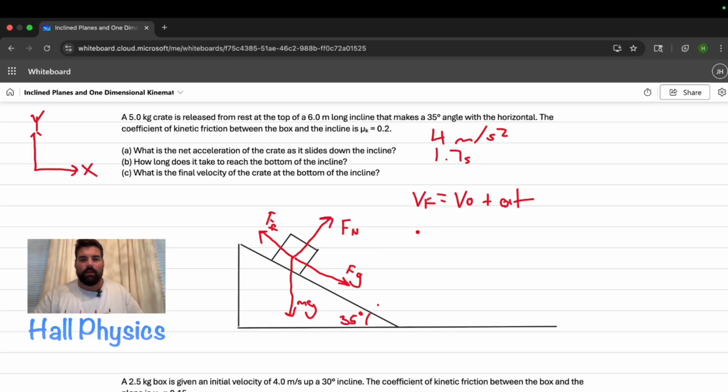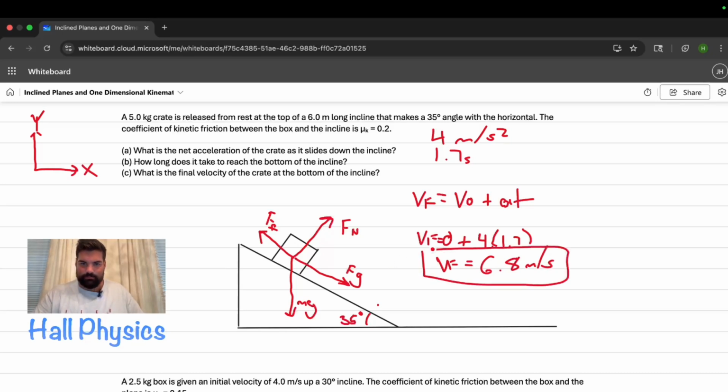So VF is going to be equal to 0 plus 4 times 1.7. And we should get VF is equal to 6.8 meters per second as the speed when the box reaches the bottom of the incline.